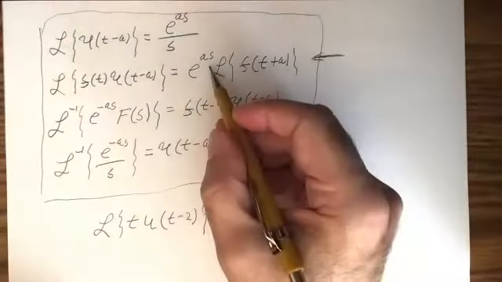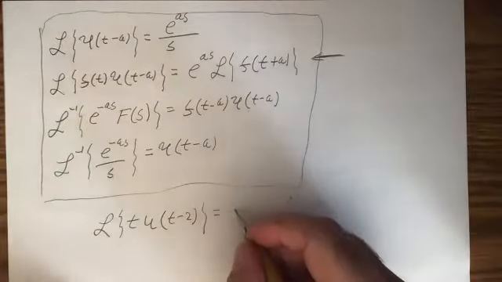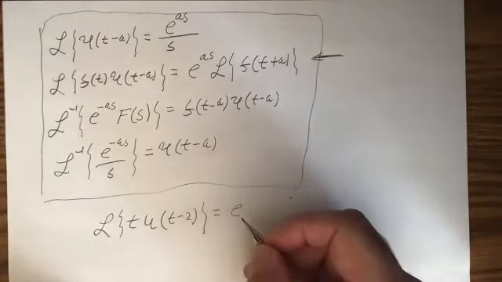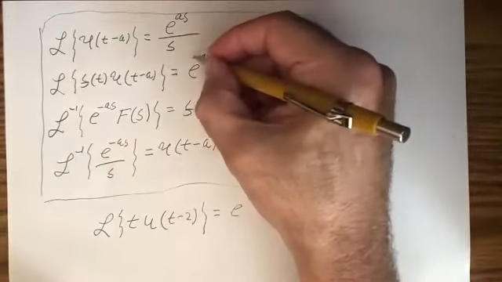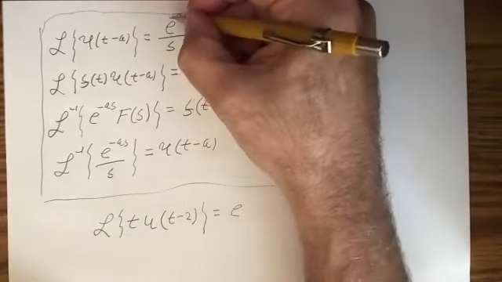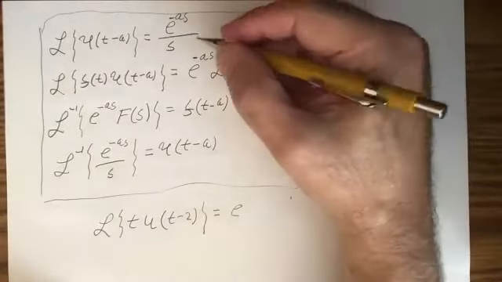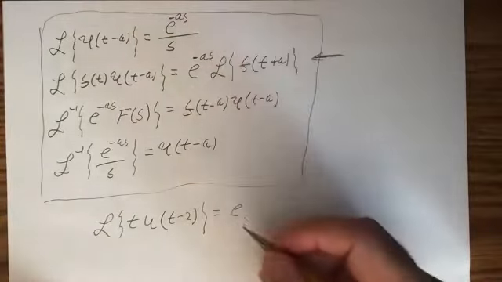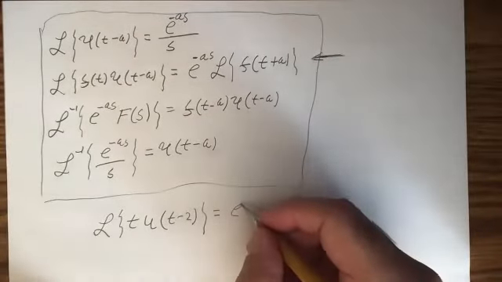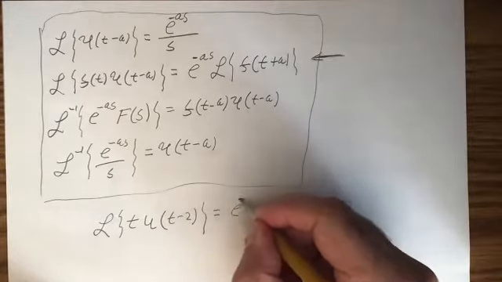Did I leave out a minus? I left out a minus, because I know I have to have a minus sign here. So this is going to be minus 2s, right?